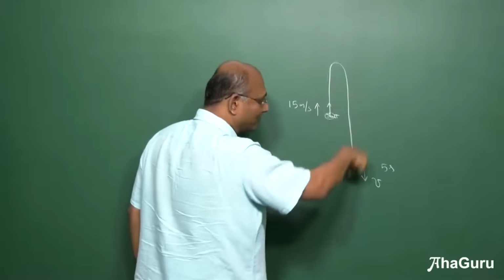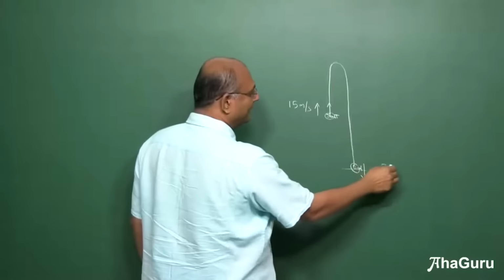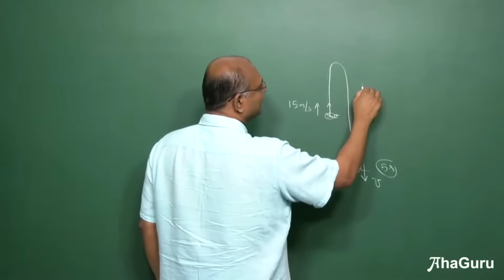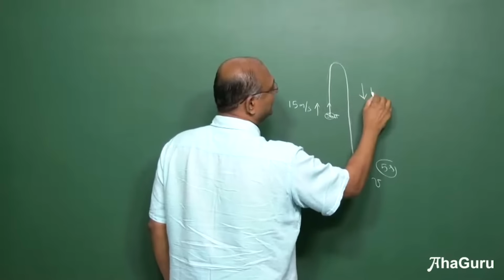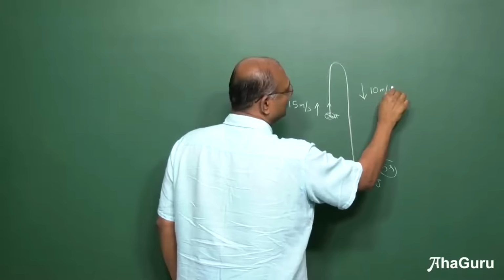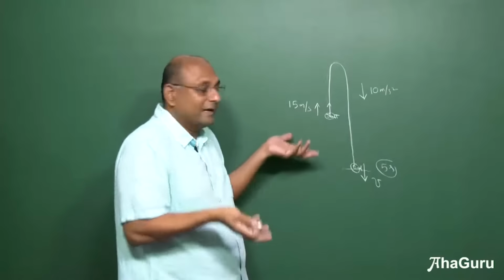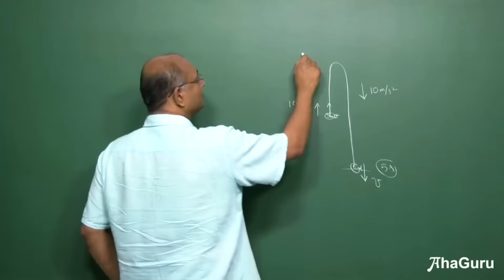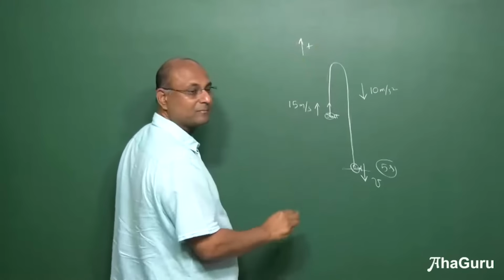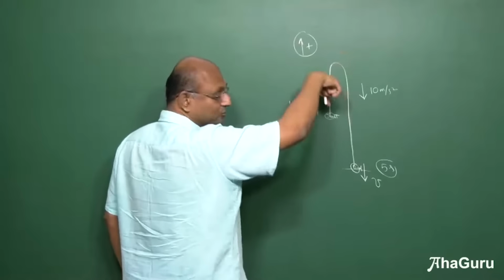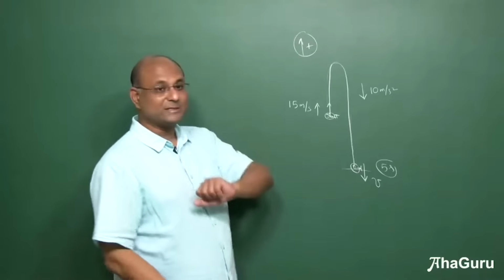Starts with 15, goes down with some v. But I'm telling you it takes 5 seconds. You know that acceleration due to gravity is 10 meters per second square. I can choose any direction I want as plus. What is plus here? I can choose. Sometimes we choose this as plus. Sometimes we choose that as plus. Now let me choose this as plus.